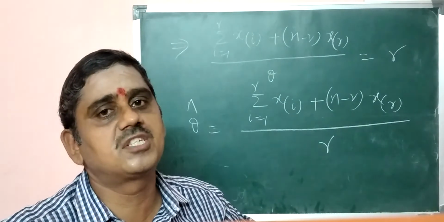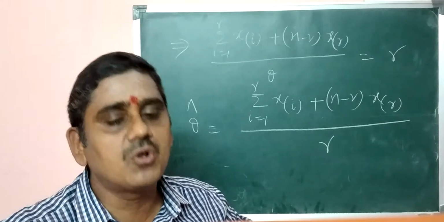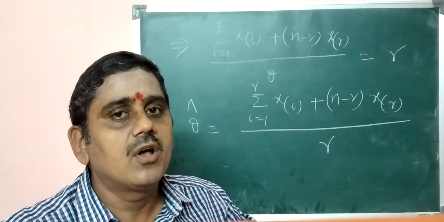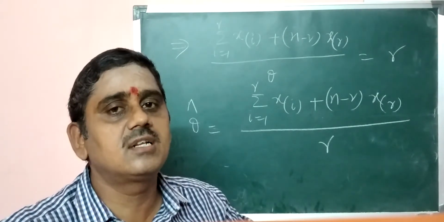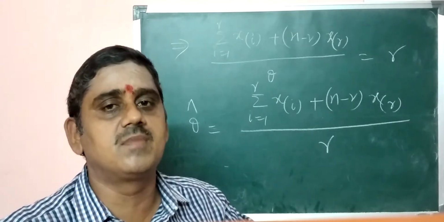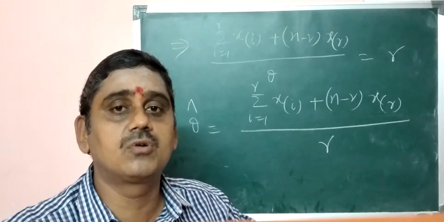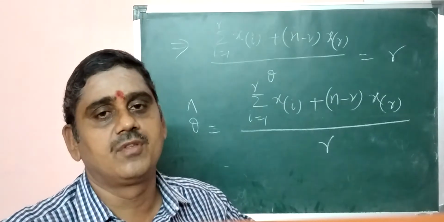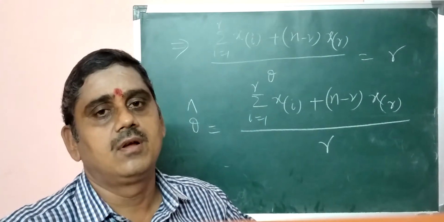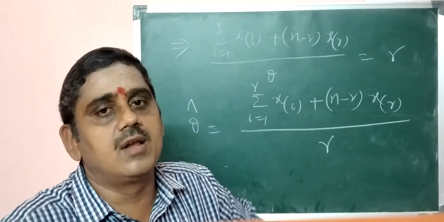Reliability itself is not going to be estimated. Whenever reliability is to be estimated, we have to concern ourselves with the parameter that is going to be estimated. The parameter theta of the exponential distribution is estimated to study the reliability.